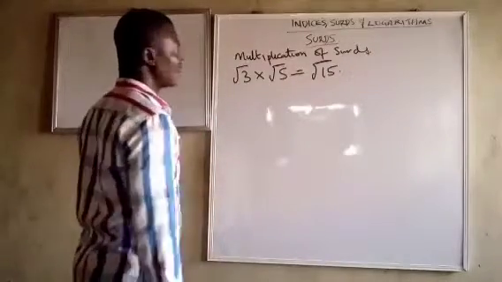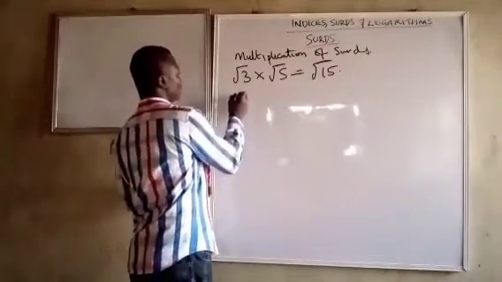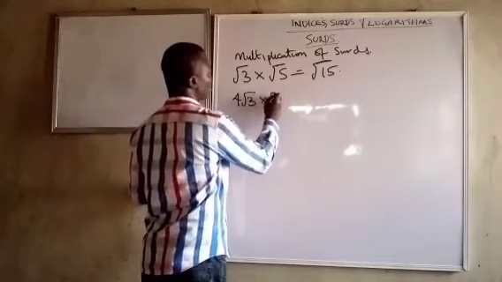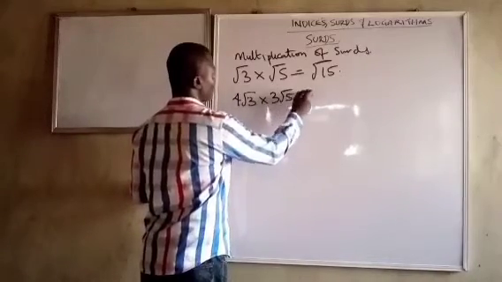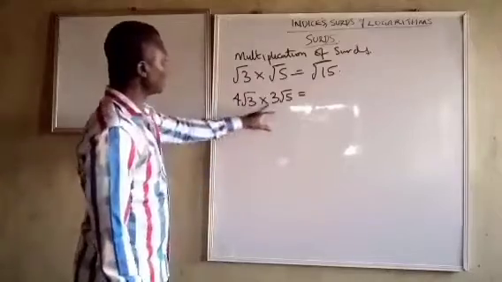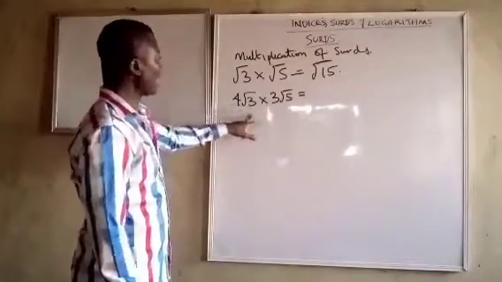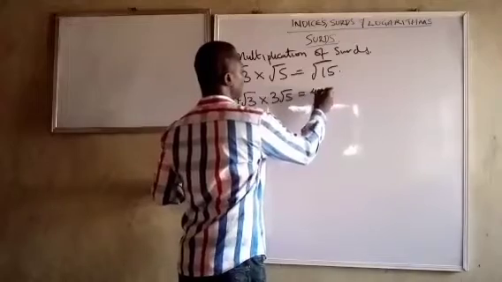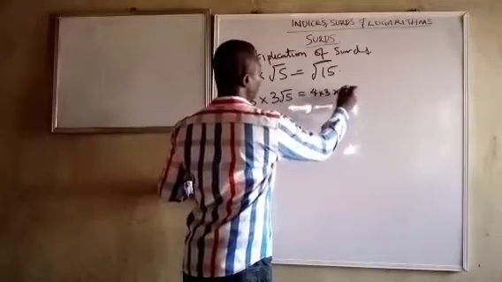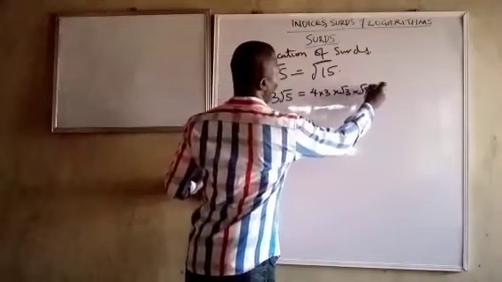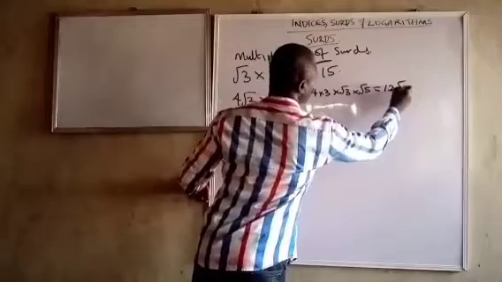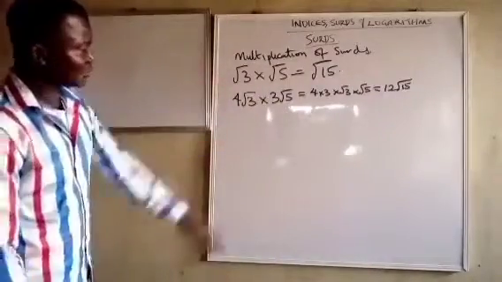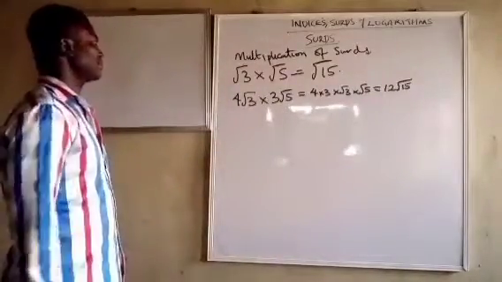When we have something like 4 root 3 times 3 root 5, we will multiply these ones and these ones separately. So it's going to give us 4 times 3 times root 3 times root 5. So it's going to be 12 root 15. Straight off, you get 12 root 15. You get it with ease.